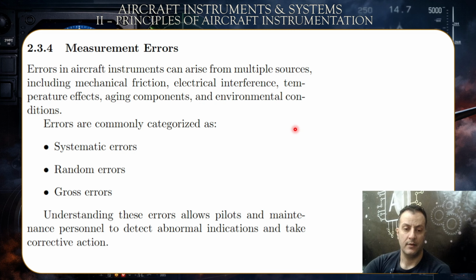Now, if we want to talk a little bit about these three types of errors. So, systematic errors, we would be talking about something within the system, within the instrument, that is systematic, due to a malfunction, due to a component that is no longer correctly performing and allowing an accurate reading to be carried out.